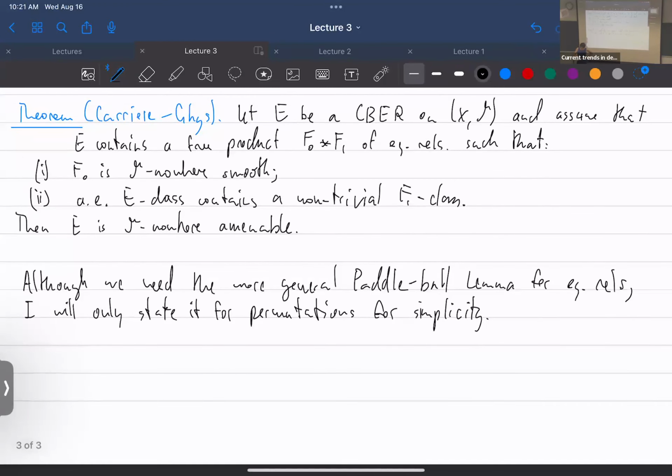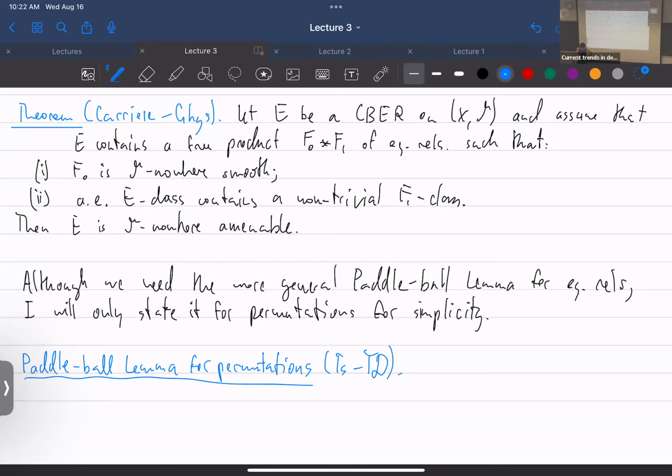Okay, so what's the Pedalball lemma? For permutations. This is a very abstract lemma about an abstract tree.